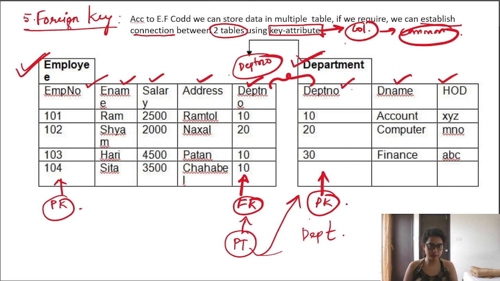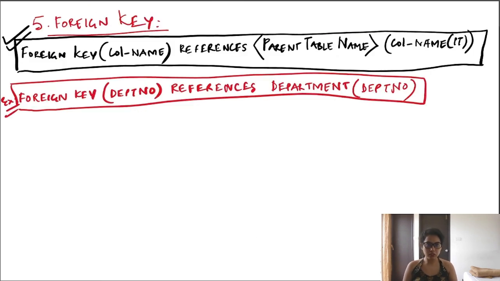Now suppose my department number is changed. Suppose it is not department number, it is department ID. So what will the syntax be? Make the foreign key of the employee table, department number, which will refer to the parent table department, from the department ID column.